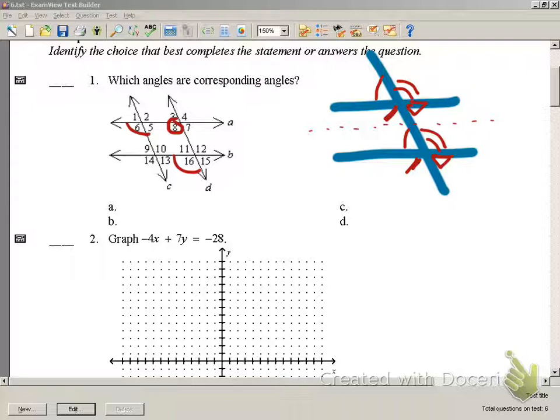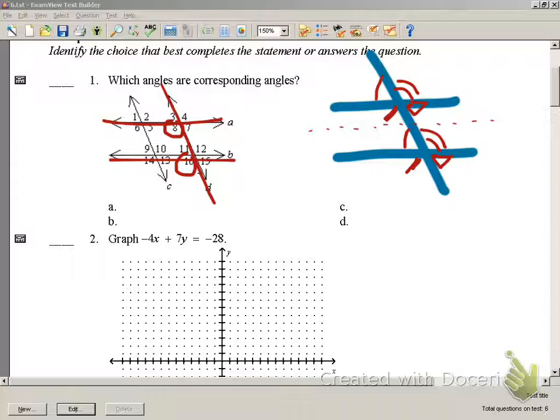Understand that when you're referring to corresponding angles, alternate interior, alternate exterior, or same side interior angles, you always have to be looking at a pair of lines cut by a transversal. So if I'm using line D as the transversal, the corresponding angle to 8 would be 16.